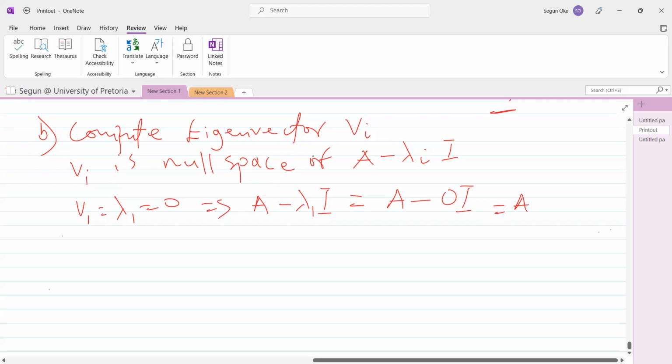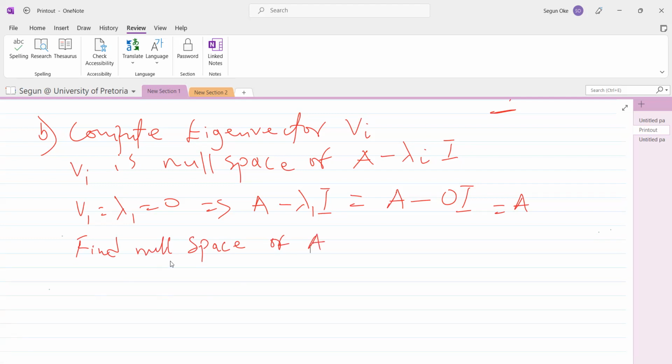So by the time you multiply, what do you have? You have A. So we have to find the null space of A.